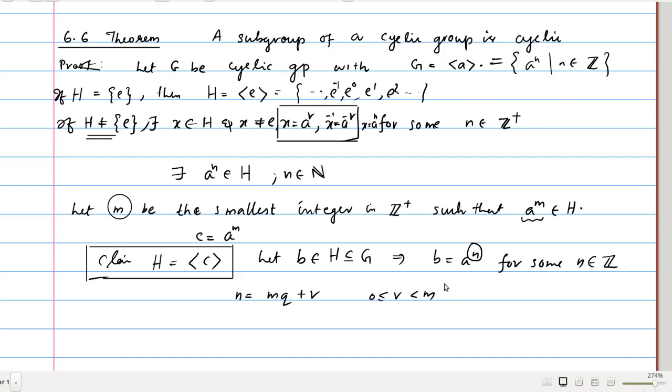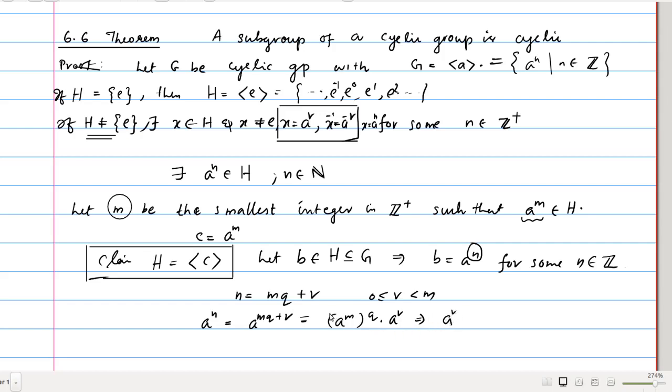Now what is a raised to n? A raised to n is equal to a raised to mq plus r, which can be written as a raised to m, whole raised to q, into a raised to r.